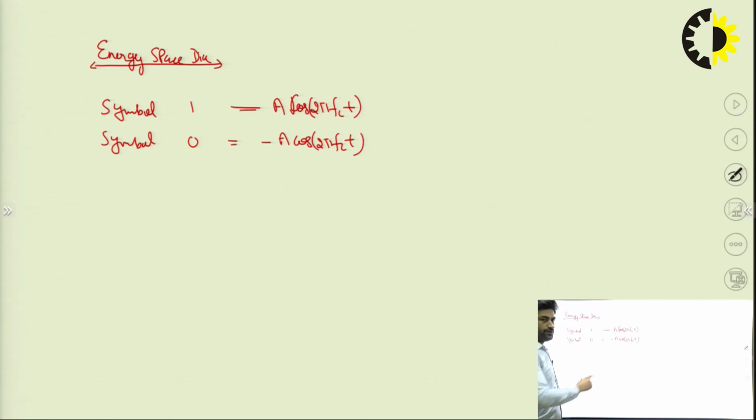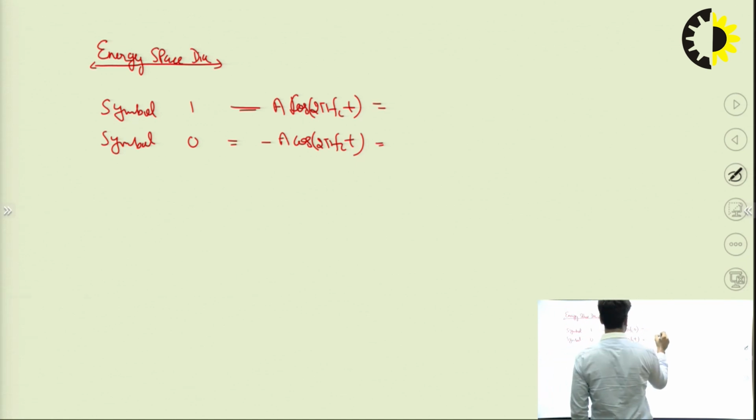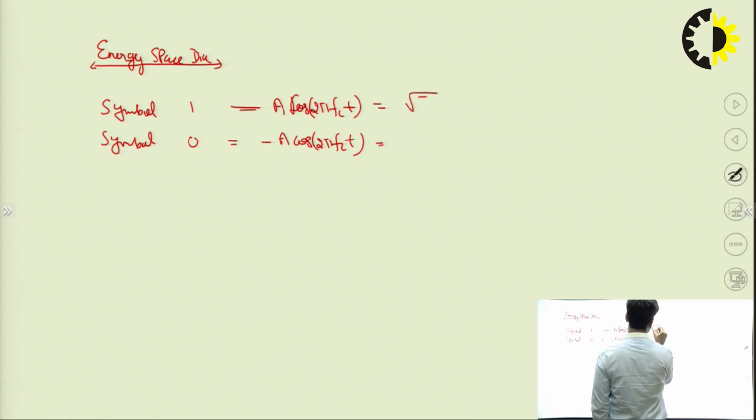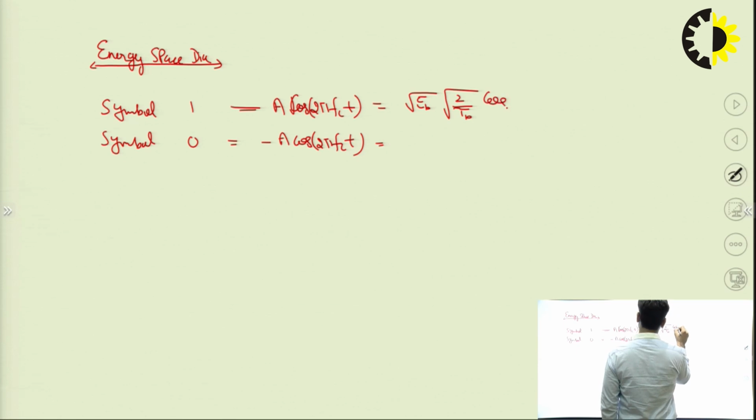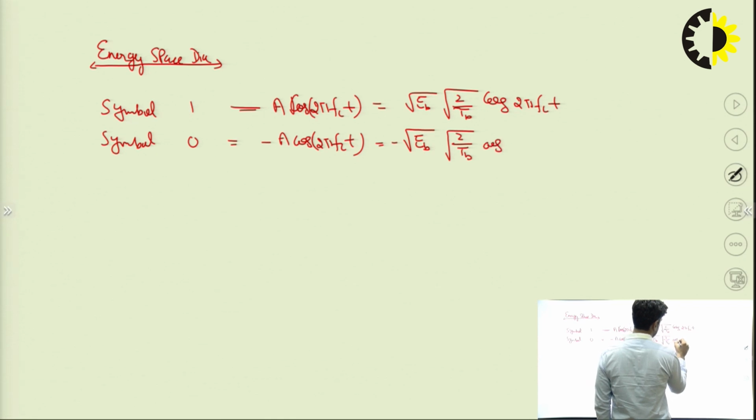Now we have to write the equation in terms of energy, that will be root of 2 EB by TB cos 2 pi FCT and minus root of 2 EB by TB cos 2 pi FCT.